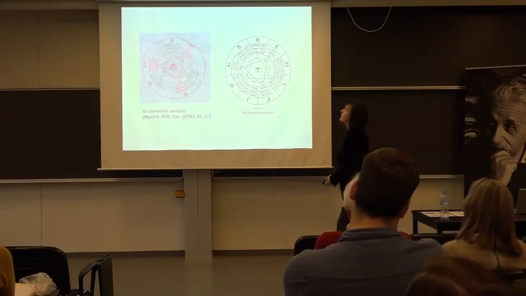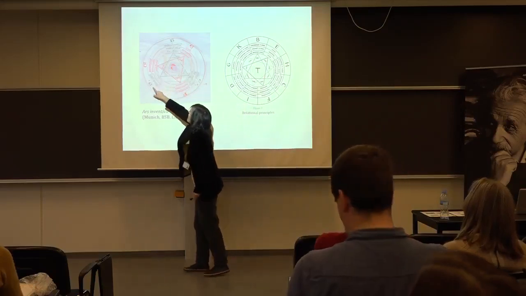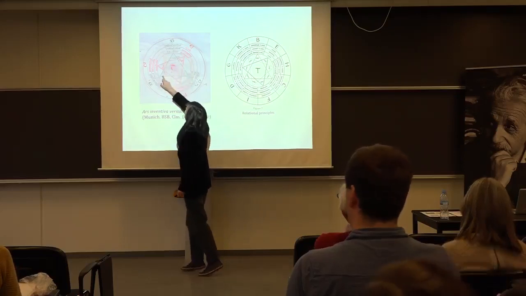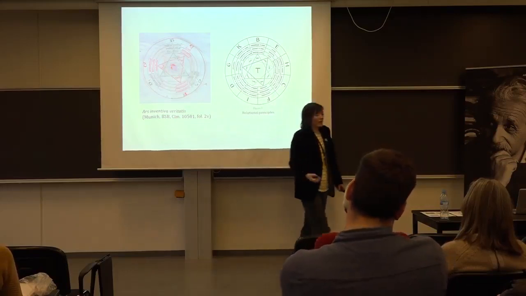This is another of the diagrams, and here the functioning is different. We have again those letters, but here we have these triangles, and these triangles are related to the different relational principles.